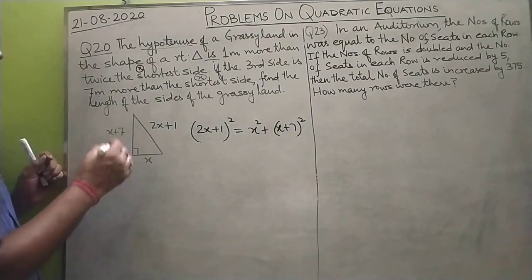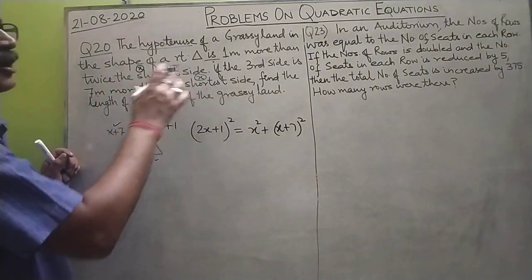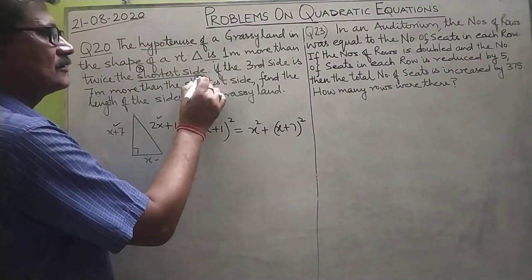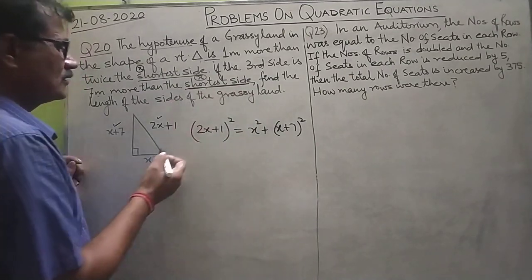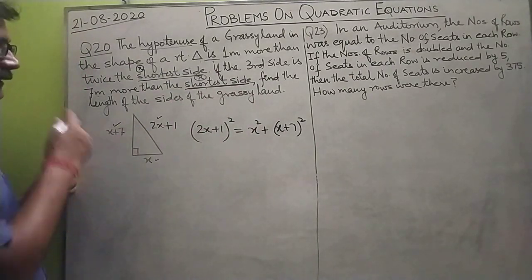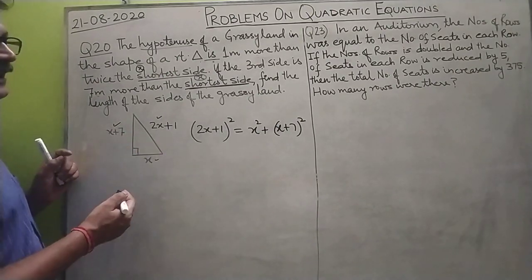So children, you need to learn how to write these sides as per the word problem. In this right angle triangle, the hypotenuse is dependent on the shortest side and the third side is also dependent on the shortest side. So we took the shortest side as x and then got the length of the third side and the hypotenuse in terms of x.